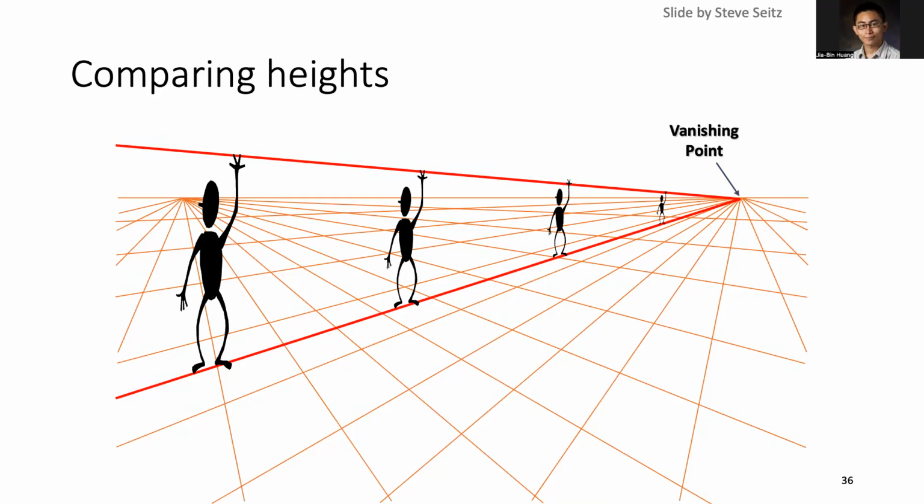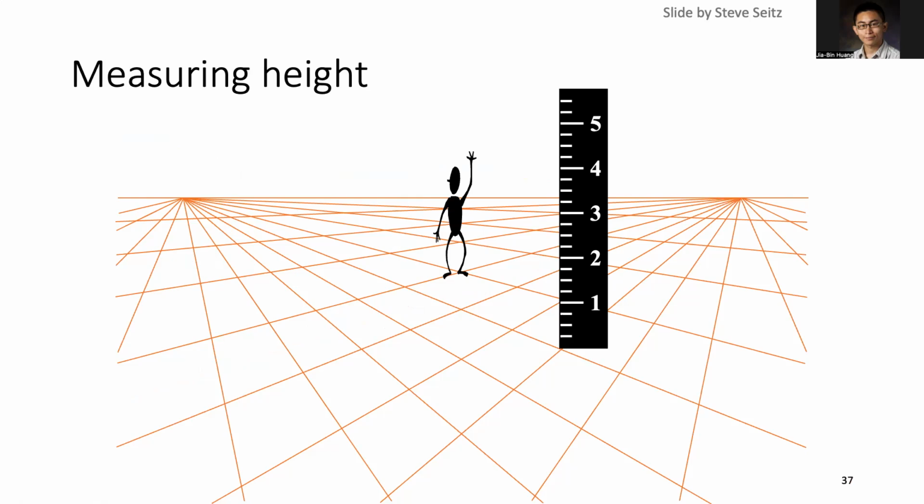Because the vanishing point is for all the lines that are parallel to each other in the physical world. So these two lines are parallel with each other, which means that they are the same height in physical space. Now you can use this fact to do things. Imagine I have some reference in the physical space. How do I measure the height of this person?